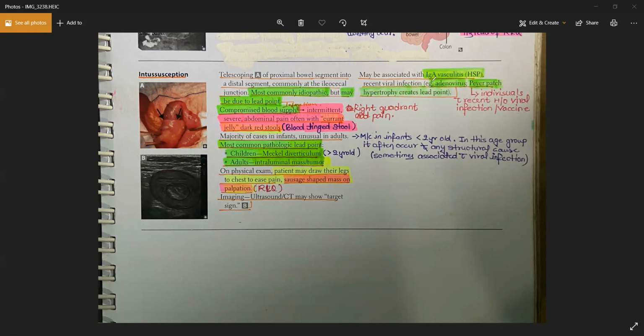You can similarly have this after a recent viral infection, which could be with adenovirus, could be with other viruses also, and that can lead to Peyer's patches hypertrophy. And where are the Peyer's patches located? The location of Peyer's patches.